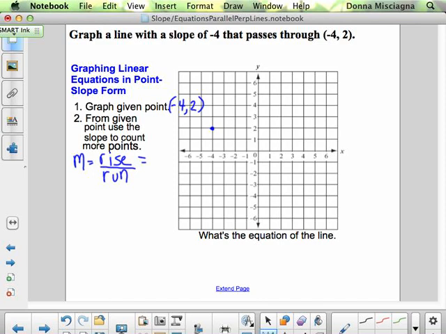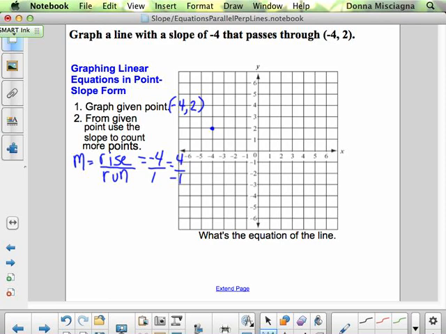So the slope is -4. So we could think of the rise as -4 and the run as 1. Or we could think of the rise as 4 and the run as -1. One of those values has to be negative.